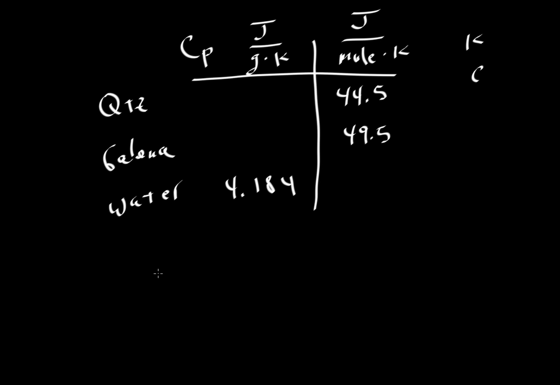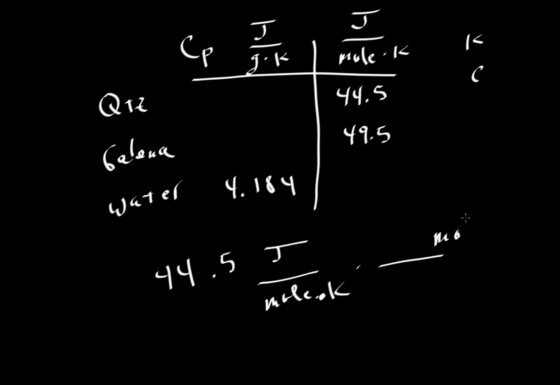Let's take the case of quartz. Quartz is 44.5. That is joules per mole per Kelvin. And so if we want to convert that to joules per gram per Kelvin, we want moles to cancel and grams on the bottom.